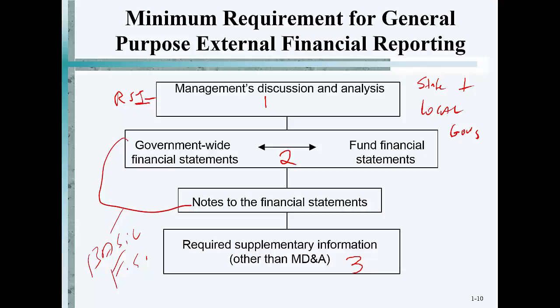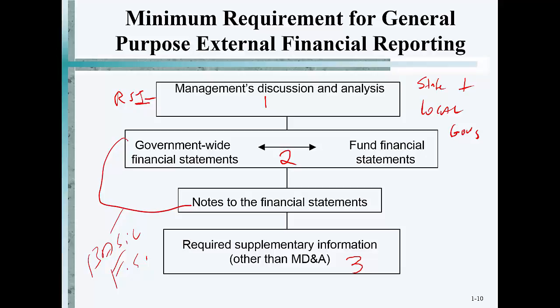What does the word required mean? You got to do it. You have no choice. You have to provide this information, right? What does supplemental mean? It adds on to something else. Well, the only thing up there otherwise is the basic financial statements, right? So this MD&A and this required supplemental information other than the MD&A are there to supplement, expand on the financial statements, aren't they?